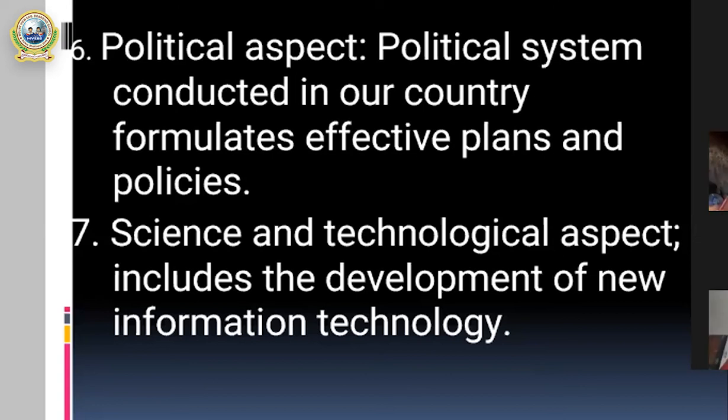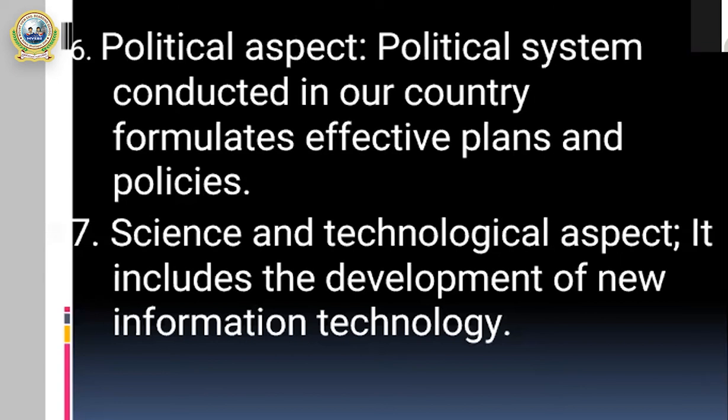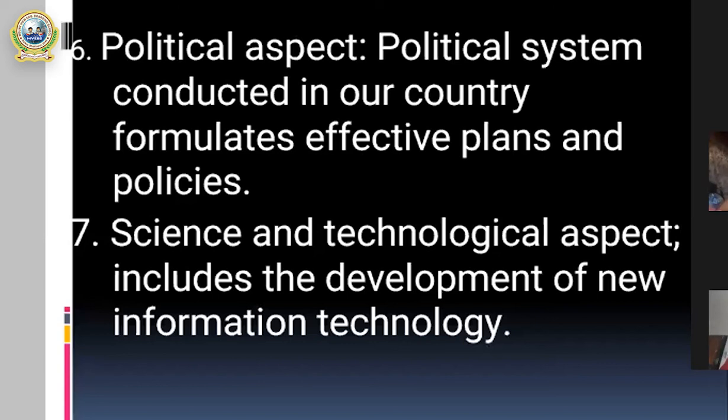Okay, after the different aspects of health, population, and environment education, now I am going to conclude this first part, the various aspects of health, population, and environment education. We discussed seven major aspects. By including these seven major aspects, we can clarify that the three terms health, population, and environment are interrelated to each other.